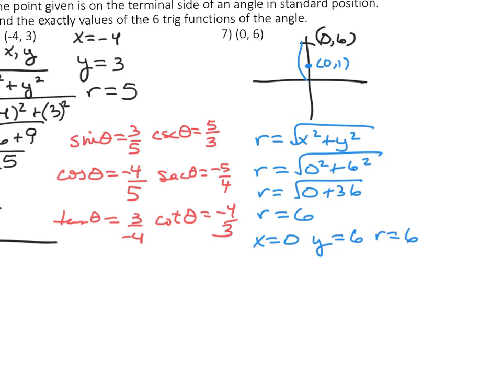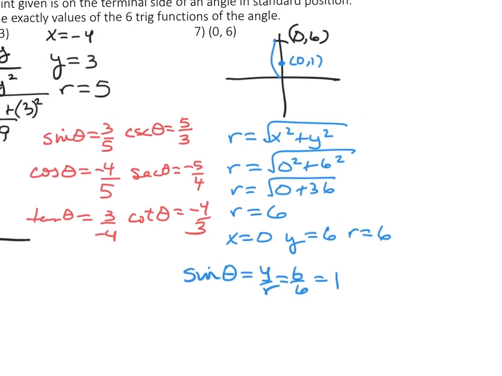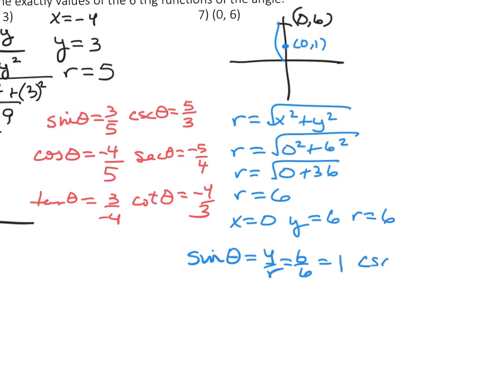So let's plug them in. Sine of theta is equal to y over r. So 6 over 6 simplifies to 1. Its reciprocal, cosecant, r over y, 6 over 6, still a 1.